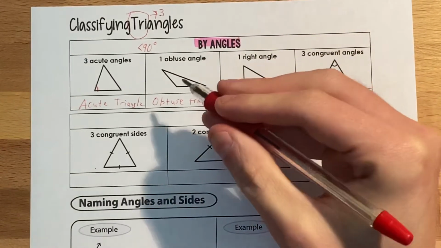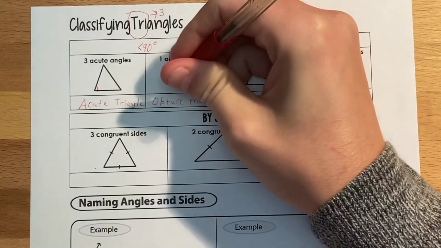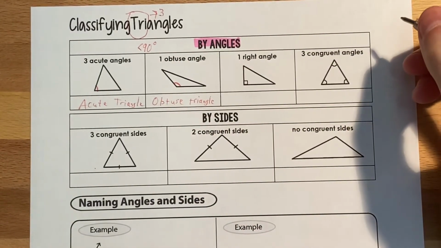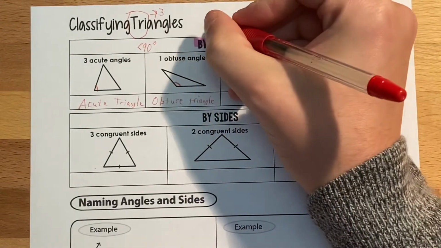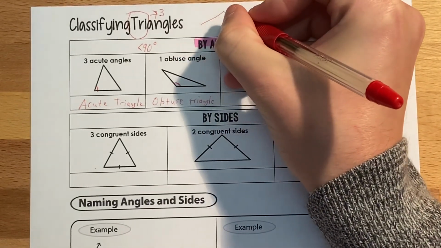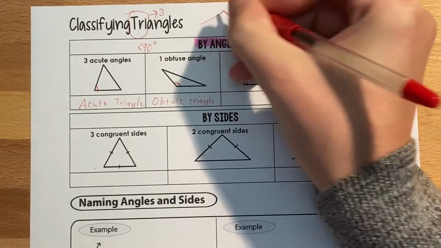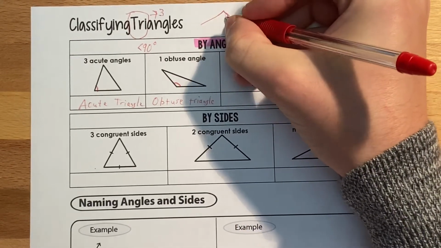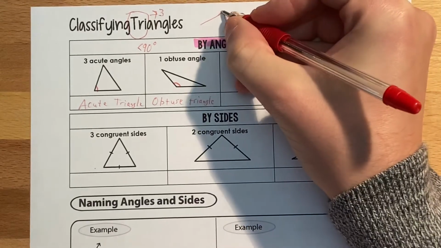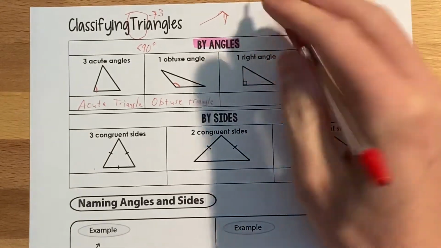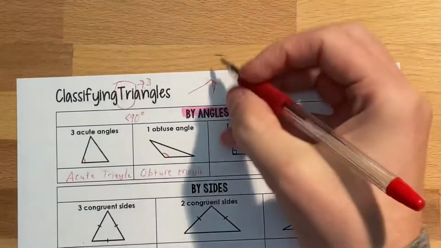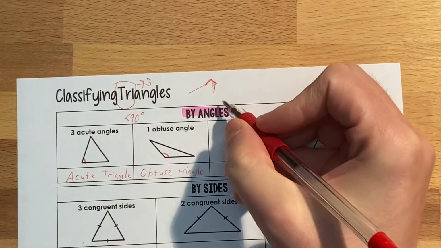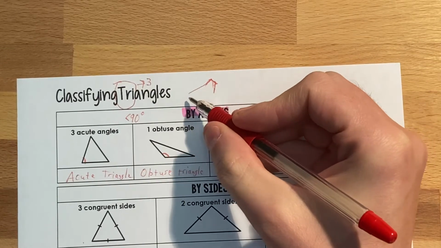Note that it's impossible to have more than one obtuse angle. You simply cannot in a triangle have more than one. Like if you were to make an obtuse angle right here at the top, and then you were to draw another obtuse angle right here, with an obtuse angle up here and another obtuse angle over there, you can see that this isn't a triangle.